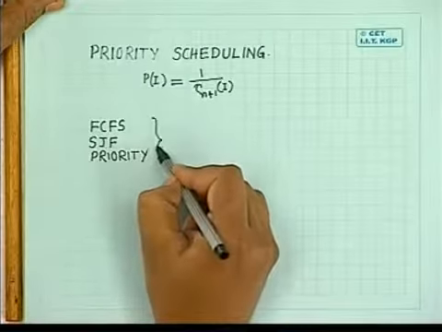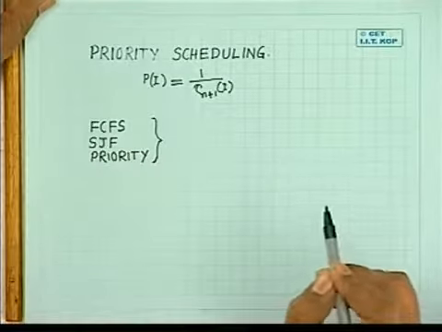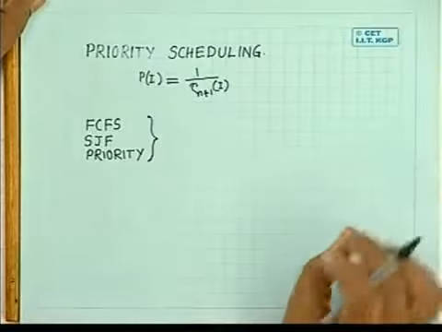In these scheduling techniques, you must have noticed one thing, that we have assumed that once a job is given to the CPU for execution of its next CPU burst, the CPU cannot be taken out of that job until that particular CPU burst is complete. That means the current CPU burst must be complete before allocating the CPU to the CPU burst of any other job.